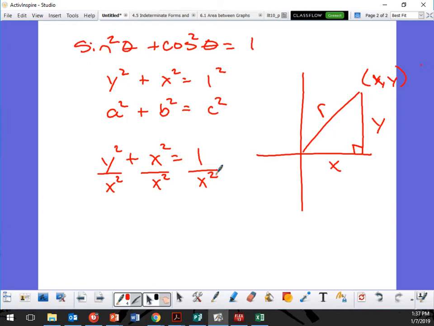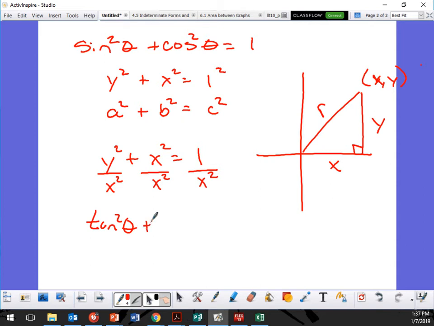So what is y over x? Tangent. It's tangent, isn't it? This is refresher. I know, you guys lost a lot of this over break. Y over x is tangent, right? So isn't this the same as saying tangent squared? So tangent squared, because it's squared.